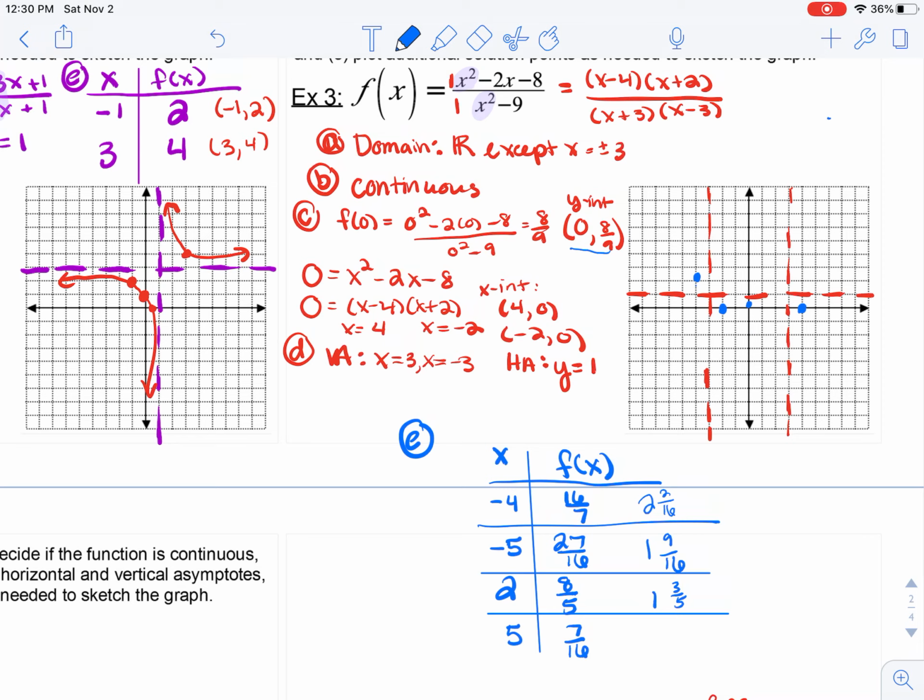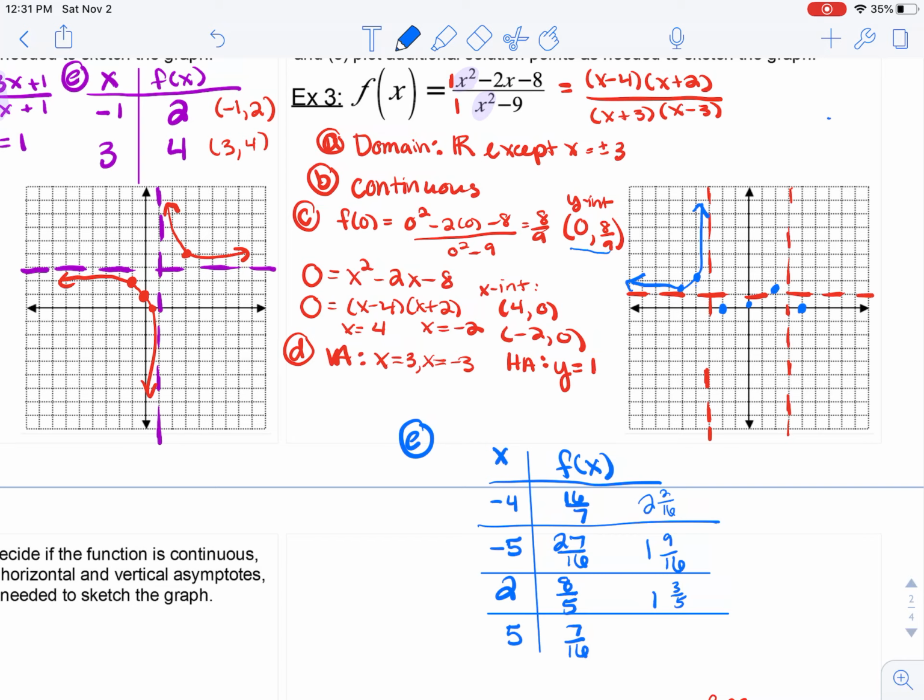And then negative 5 was 1 and 9/16. So if I look at the far end here, I know the graph is going to hug those asymptotes and look something like this. In between negative 3 and 3, we had picked 2. So 2 was 1 and 3/5.